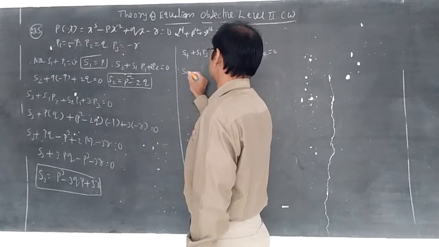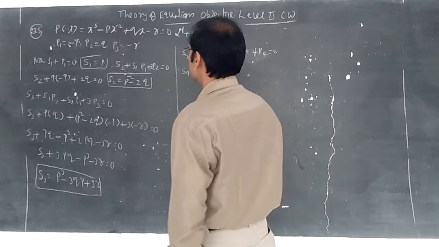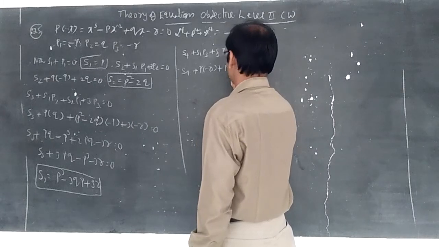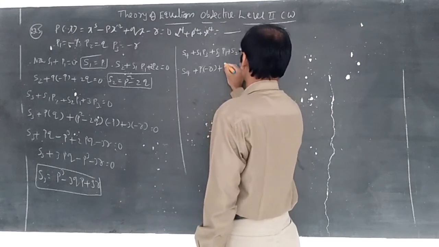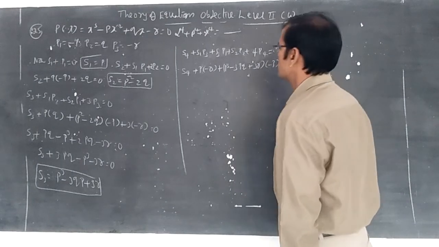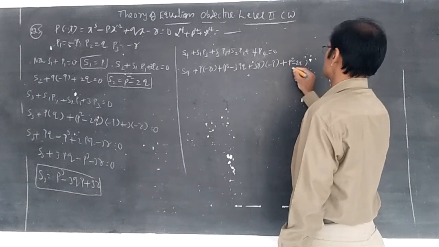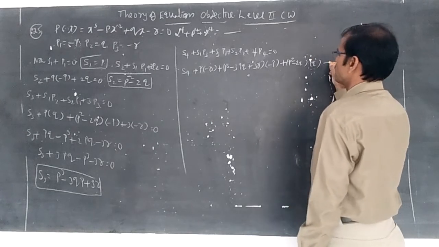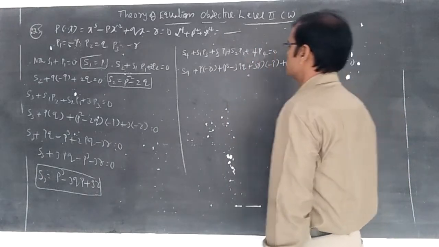Here S4 plus S1 means P into P3, P3 means minus R, plus S3, the value we got, P cube minus 3PQ plus 3R into P1 means minus P, plus S2 P2, S2 means P square minus 2Q into P2 meaning Q, plus 4P4, of course it is 0, equal to 0.